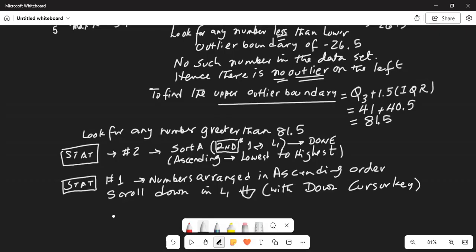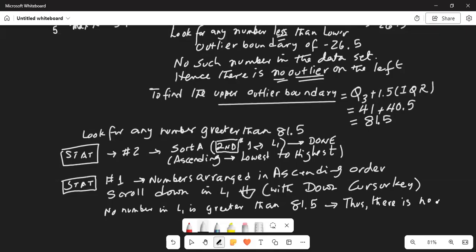There is none, because the highest is 59. No number in this list in L1 is greater than 81.5. Thus, there is no outlier on the right.